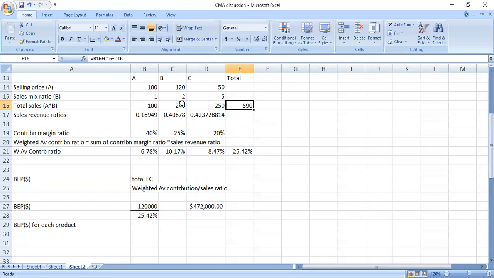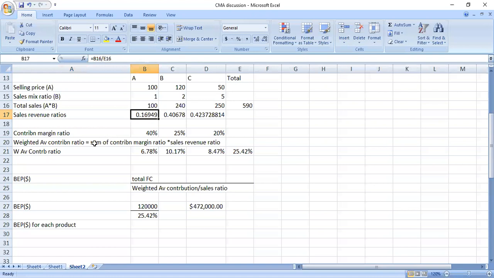Then we are close to the answer, because we are supposed to obtain the sales revenue ratio, which is given by the sales for a particular product divided by the total sales for all the products. Hence 100 divided by 590. You can even put it in percentages by multiplying by 100%. It's really upon you, but for us, we left it in decimal points. So that's how we end up with the sales revenue ratios as they are here. All right.